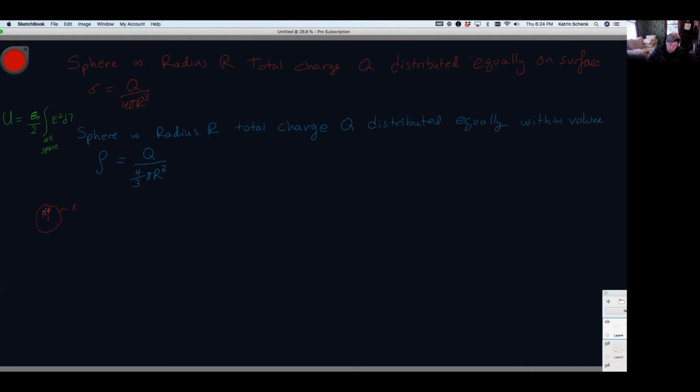So what I'm going to do is put my Gaussian surface outside here, and I hope that's not too dark to see, and that will be a radius little r.